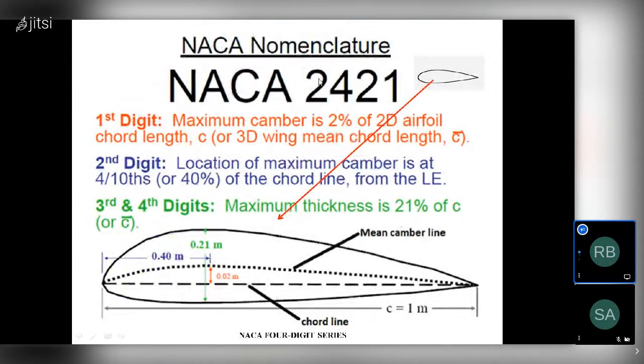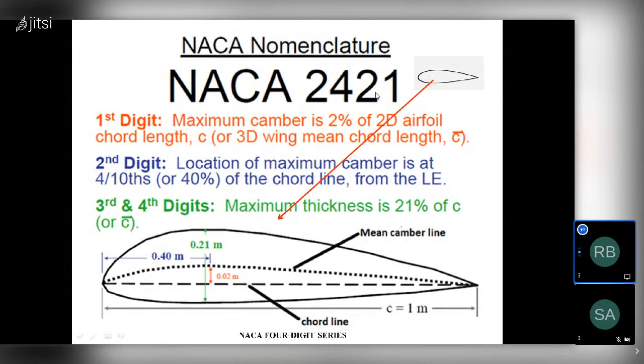So here the shape of your NACA aerofoil is described using a series of digits following the word NACA. The example I have shown here is NACA 2421.